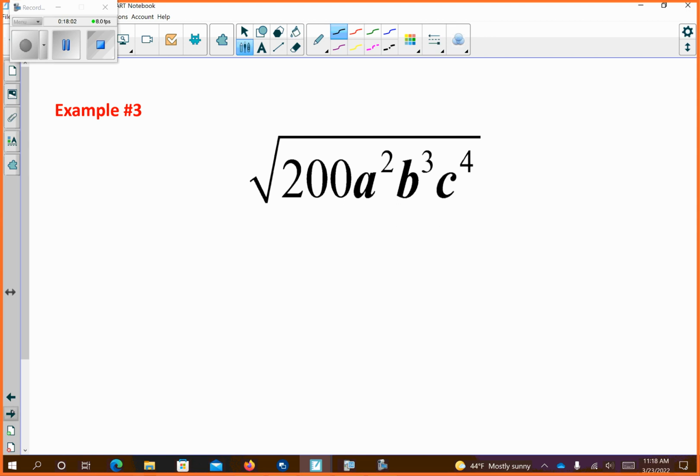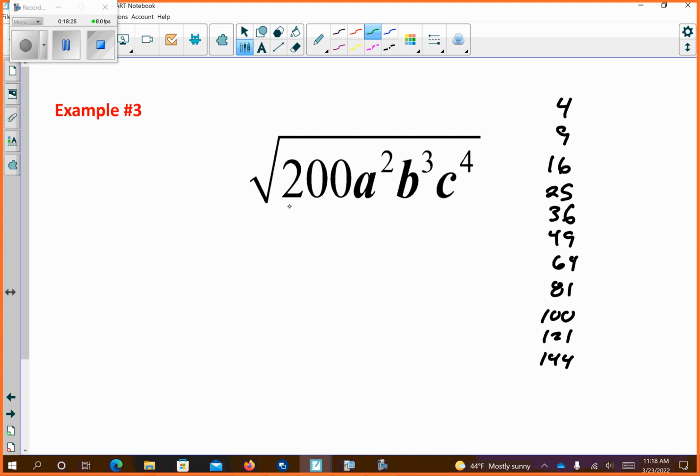Okay. Let's take a look at this one. So I'm going to write my perfect squares. So I get 4, 9, 16, 25, 36, 49, 64, 81, 100, 121, 144. Okay. So let's think about this.